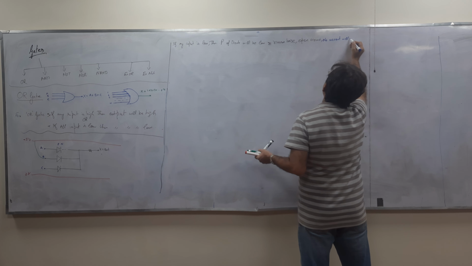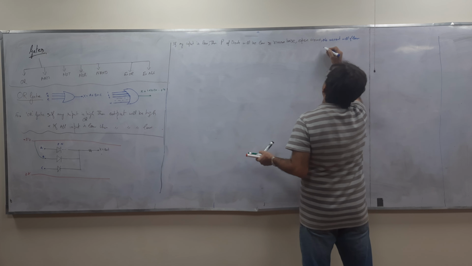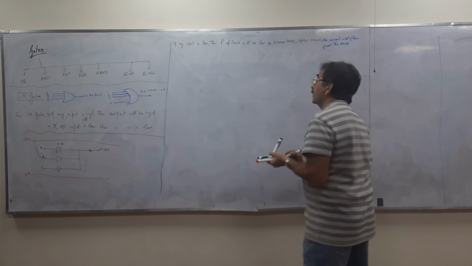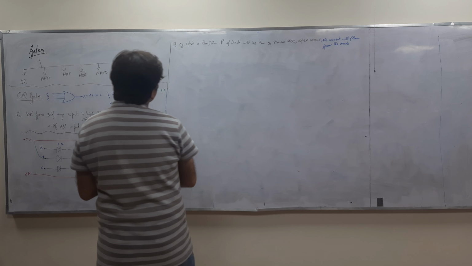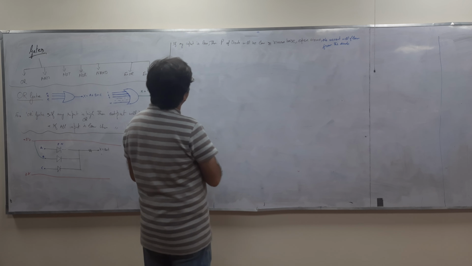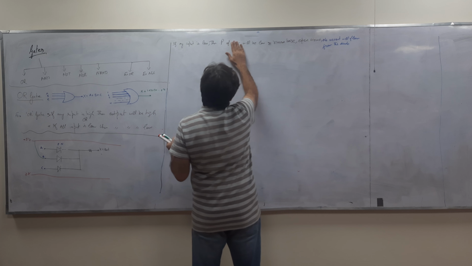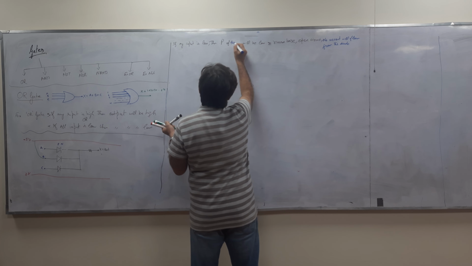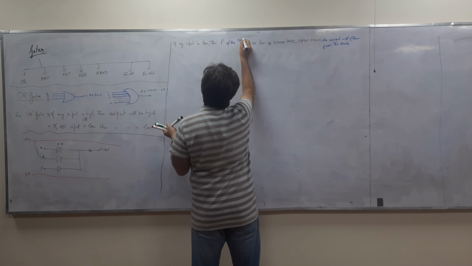No current will flow from this diode. Then P of this diode, so only for this diode.